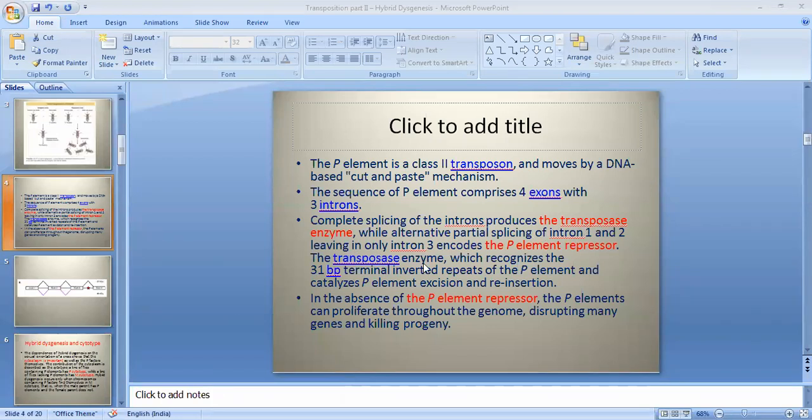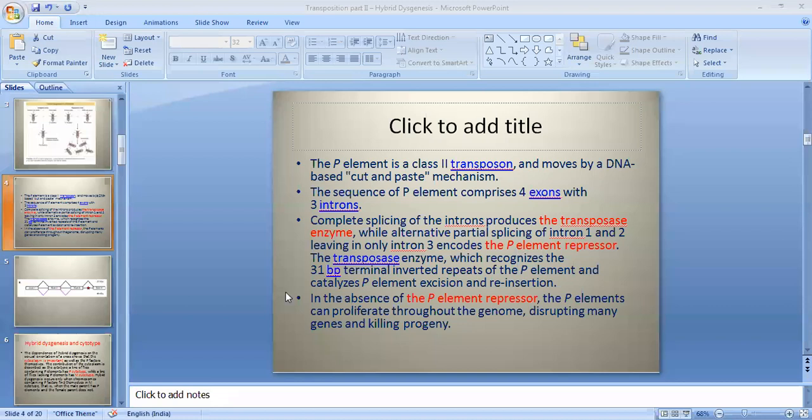The transposase enzyme recognizes the 31 base pair terminal inverted repeats of the P element. You know that every transposon possesses an inverted repeat at both ends, flanking the central part of the transposon.